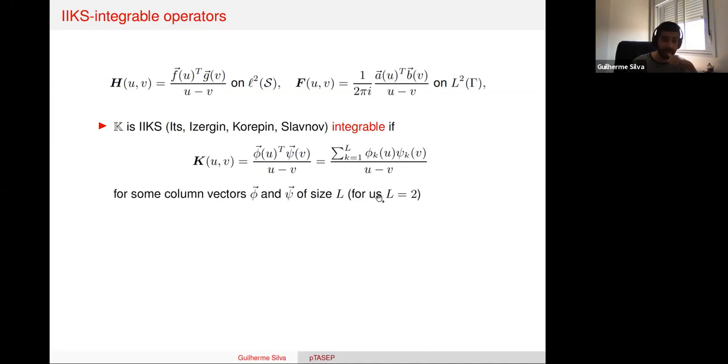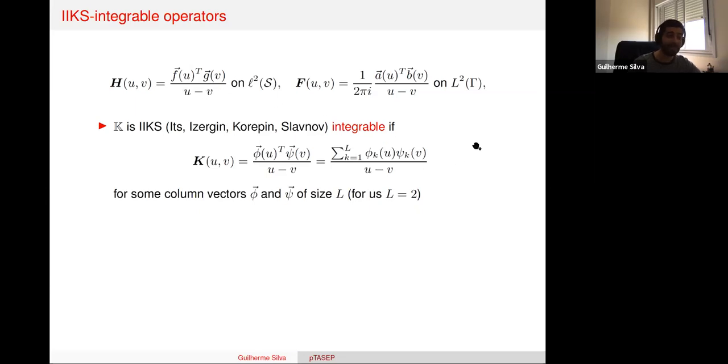And these operators which have a kernel of this form are called IIKS, or Its-Izergin-Korepin-Slavnov integrable. And so here's a word that we all like, integrability, but now we're talking about integrability of kernels, not necessarily of probability, although now they come together, right? And we say that any kernel that has this form is said to be integrable.